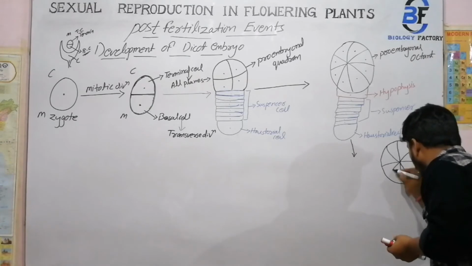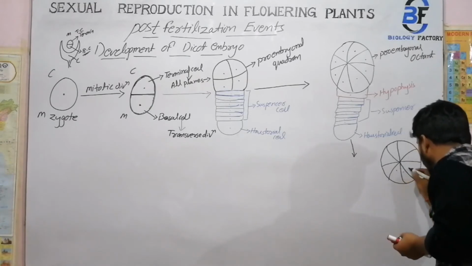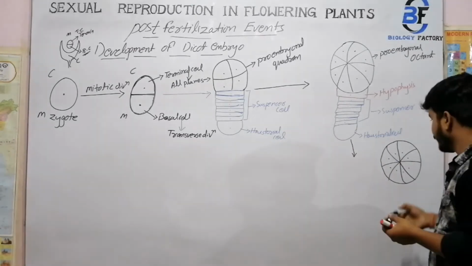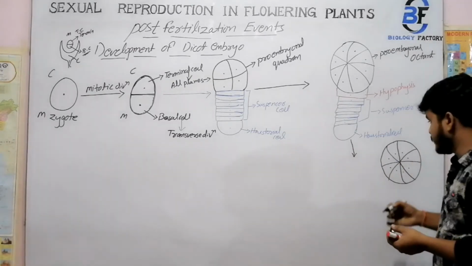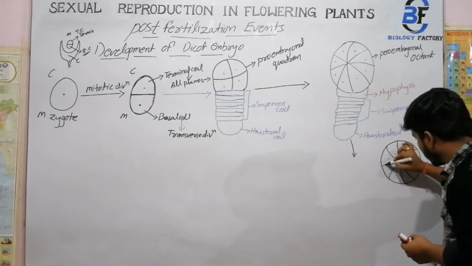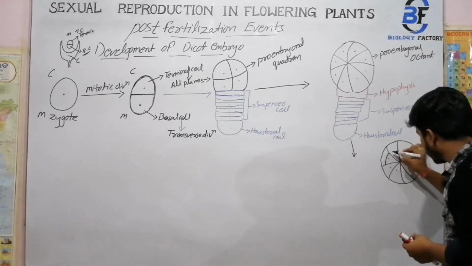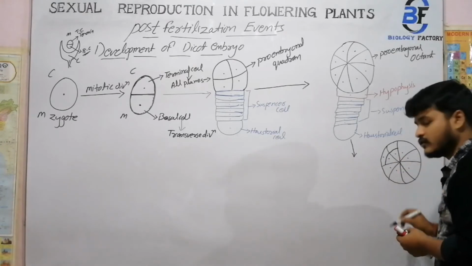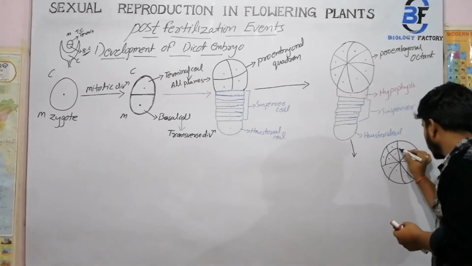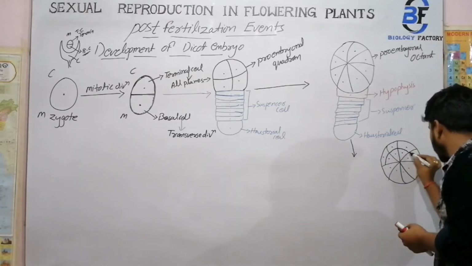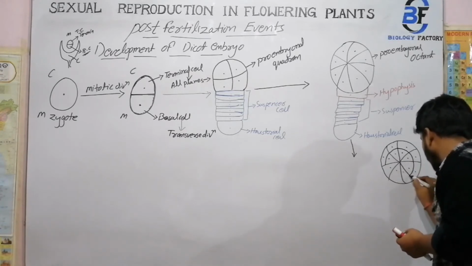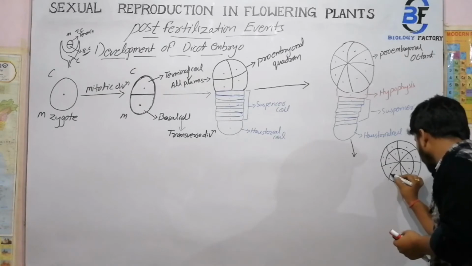We first draw the 8 cells. Next, a periclinal division takes place. That means it divides in such a manner that one cell is towards your outer side and one is towards your inner side, outer, inner, outer, inner, outer, inner.